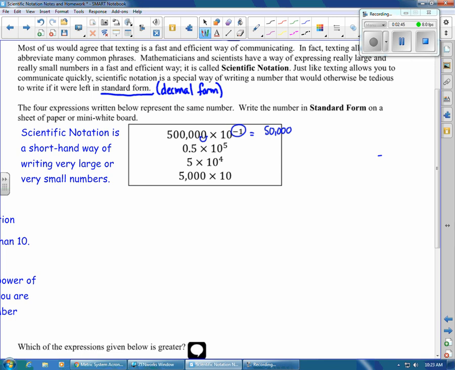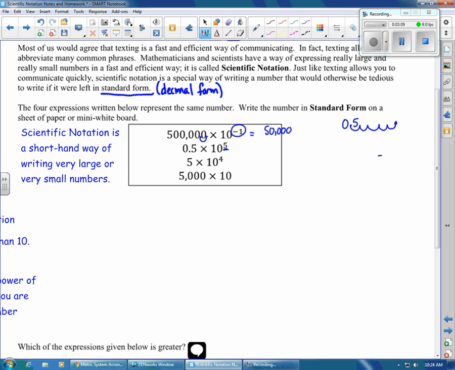The next one, 5/10 times 10 to the 5th power. Again, the exponent tells me how many times I'm moving the decimal. So I'm just going to come over here where I have more space. I've got 0.5, and I need to move my decimal 5 times. So here's 1 time, 2, 3, 4, 5.